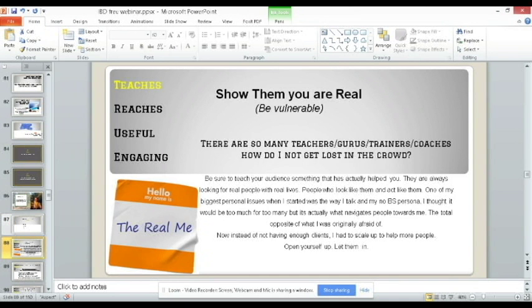You need to show them that you are a real person. Be vulnerable at times. There are so many teachers, gurus, trainers, coaches out there. How do you not get lost in the crowd? Be sure to teach your audience something that has actually helped you. They are always looking for real people with real lives, people who look like them and act like them.